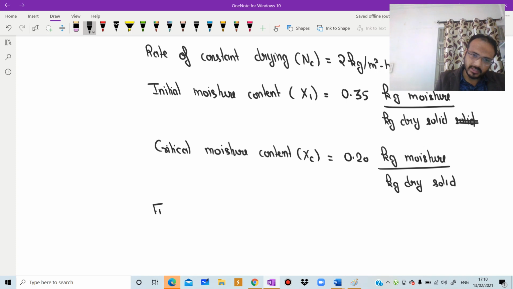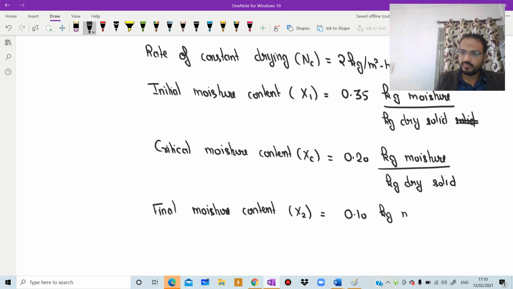Next one is final moisture content, that is x2, equal to 0.10 kg of moisture per kg dry solid.